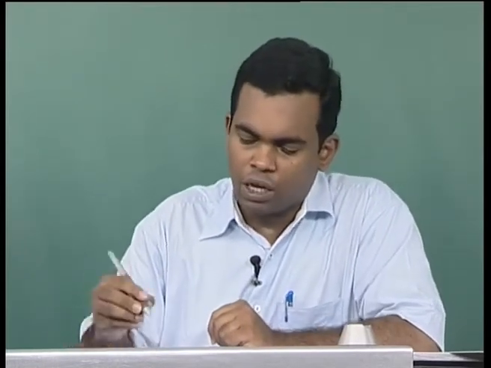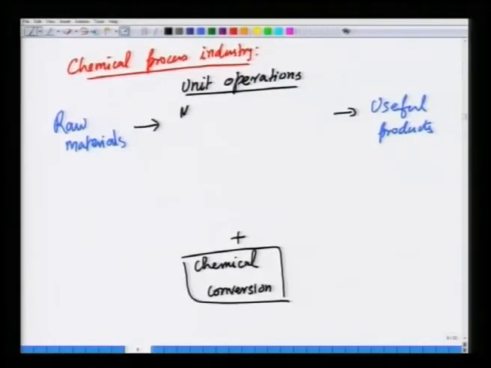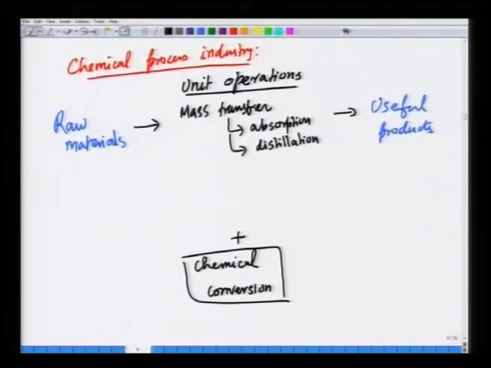So, unit operations are a set of physical operations which involve mass transfer, as seen in gas absorption, distillation, extraction and so on; heat transfer, which involves heat exchangers where you want to remove heat from one stream or add heat to a stream by virtue of fluid flow. Okay.